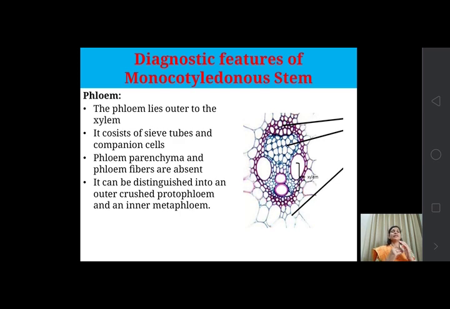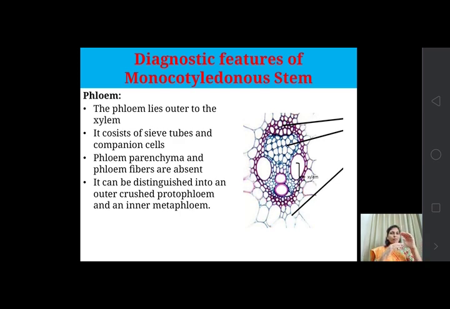So again there are two parts in the phloem also, like in the xylem. The upper part is somewhat crushed, so you cannot see it easily in the picture. The whole phloem is divided into upper and lower parts.